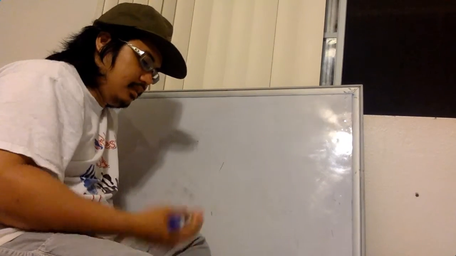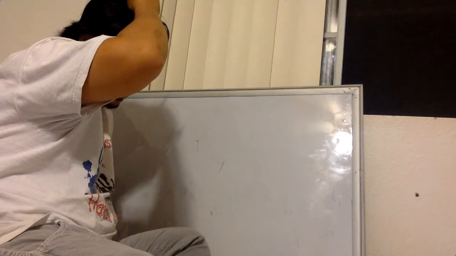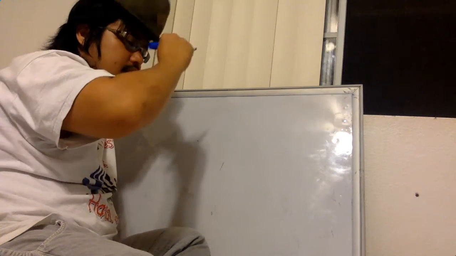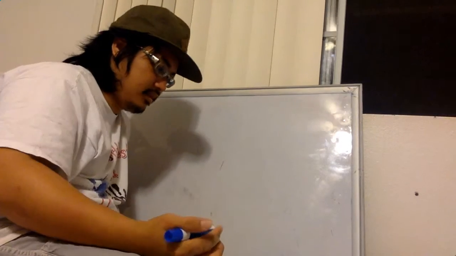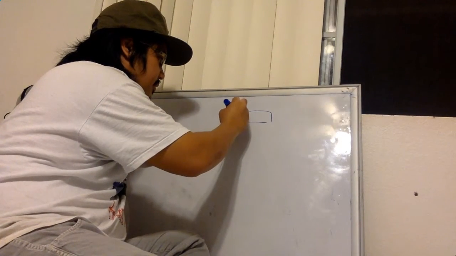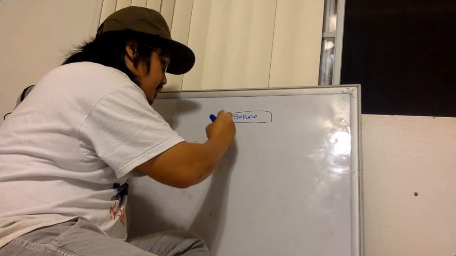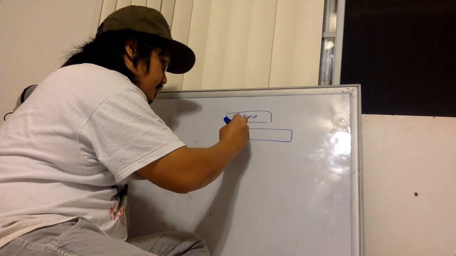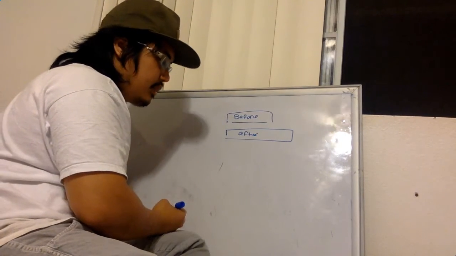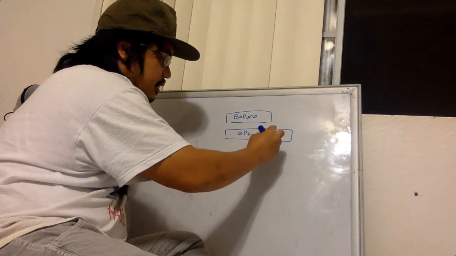So now this is a little bit, let's see. How should we do this? All right. So this was her salary before. This is her salary after. I know that it went up by $120.